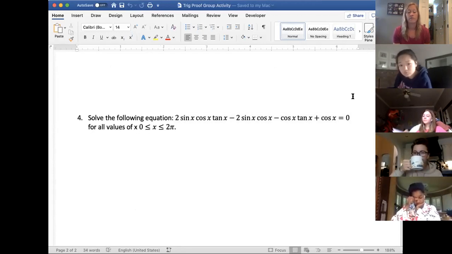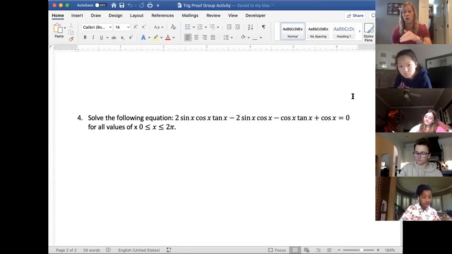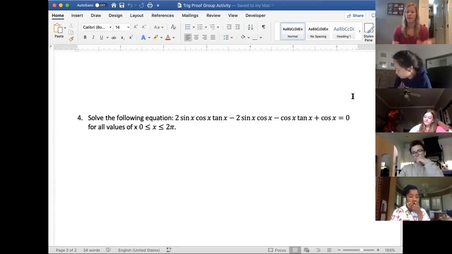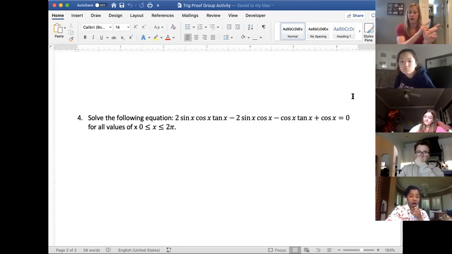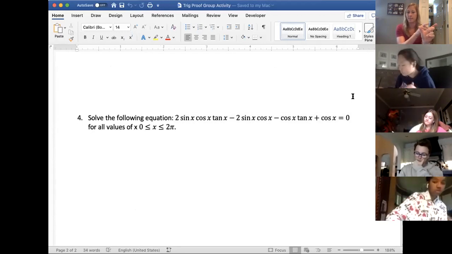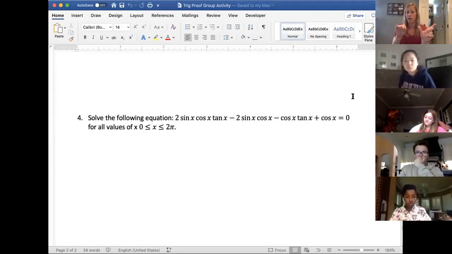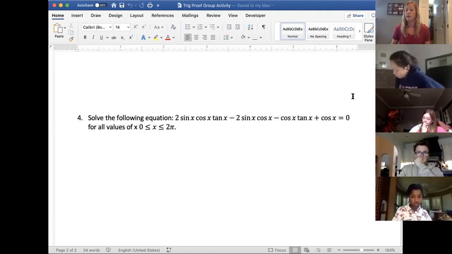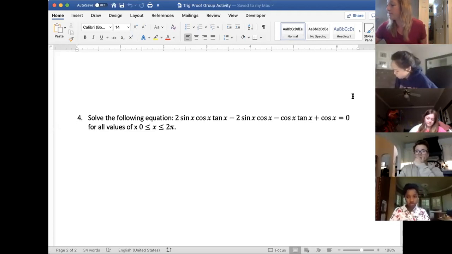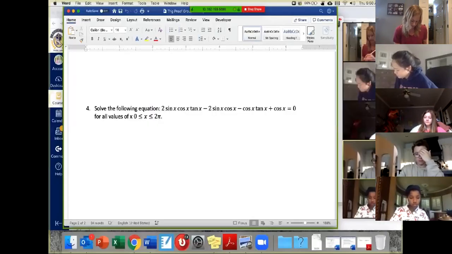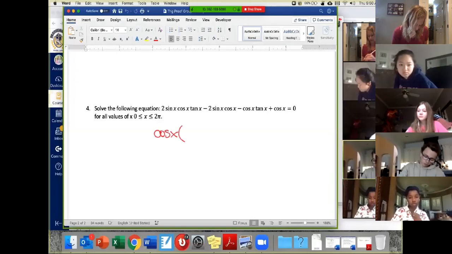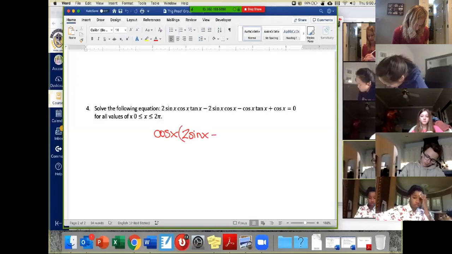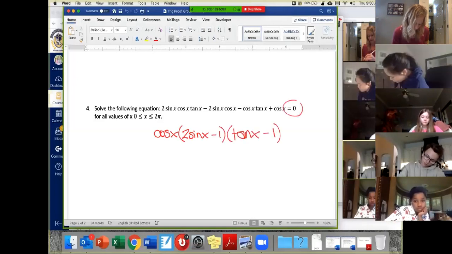So essentially, you've already simplified question 4, and you could jump to the place where all of your factors, cosine x, 2 sine x minus 1, and tangent x minus 1, are now equal to 0 because I've added that in.